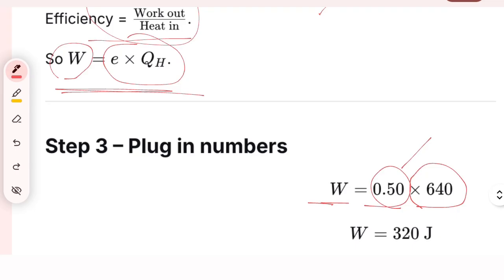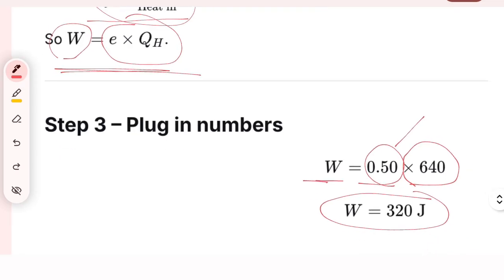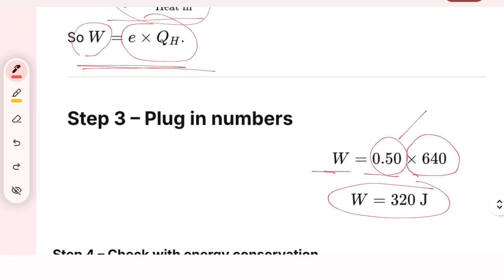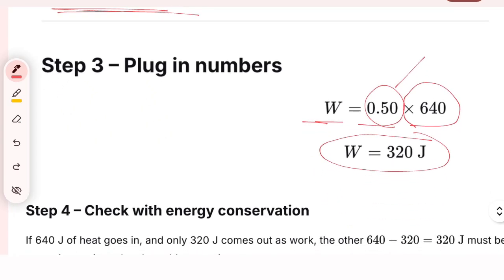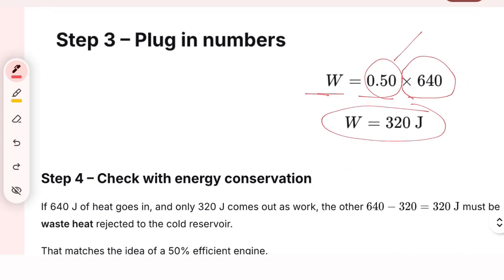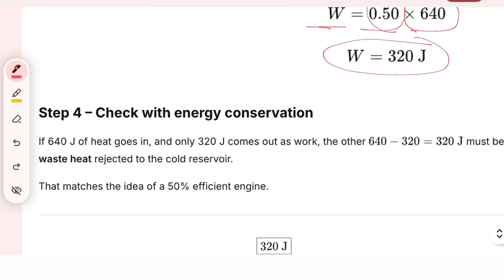So 0.5 times 640. The work done is very simple, 320 joules, or half of the heat in, because it's 0.5 of 640, half of it. So it's 320 joules. That's the work done.